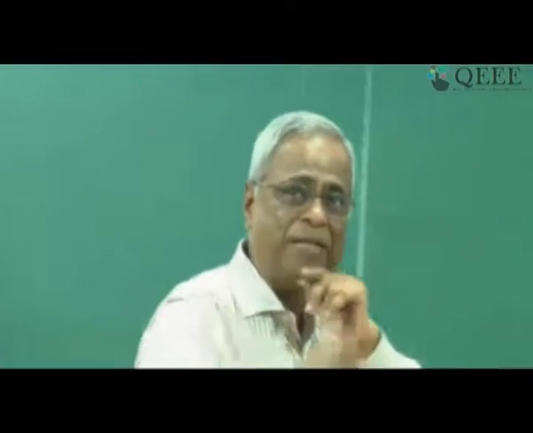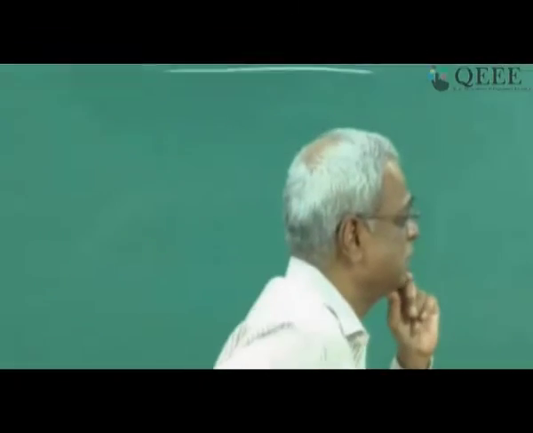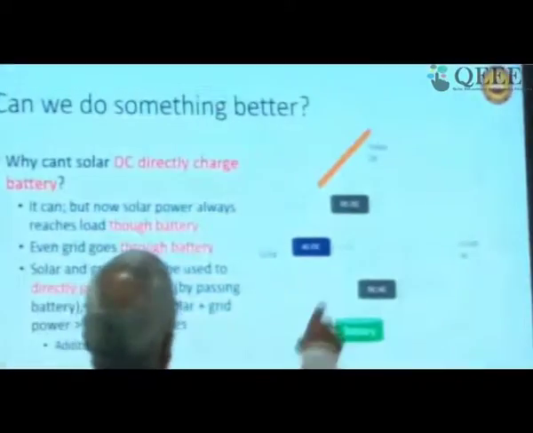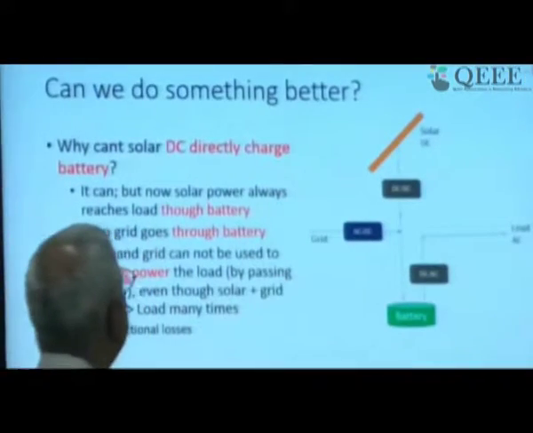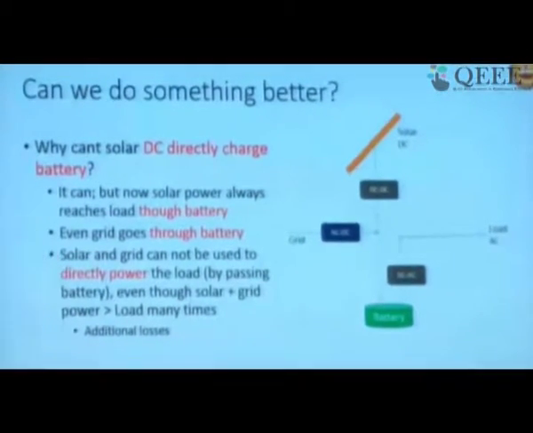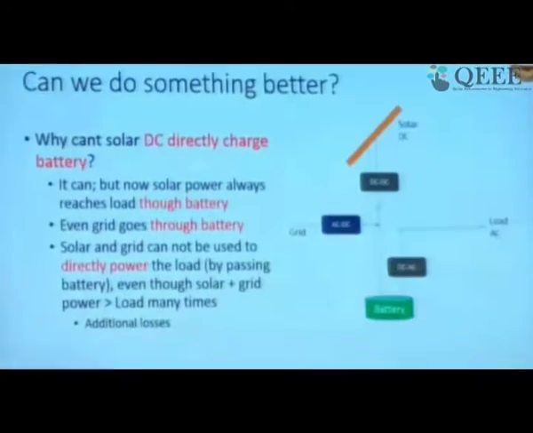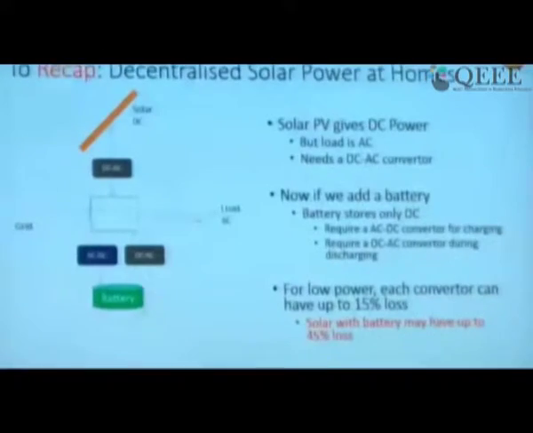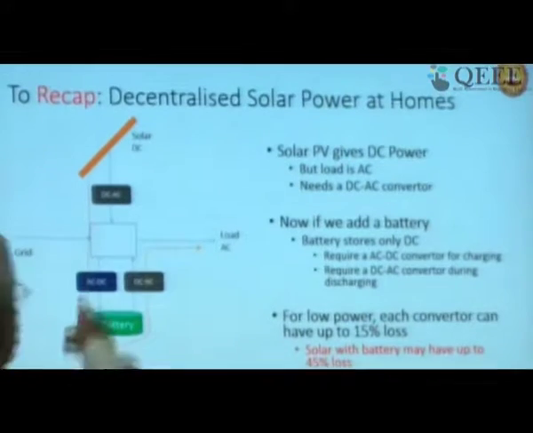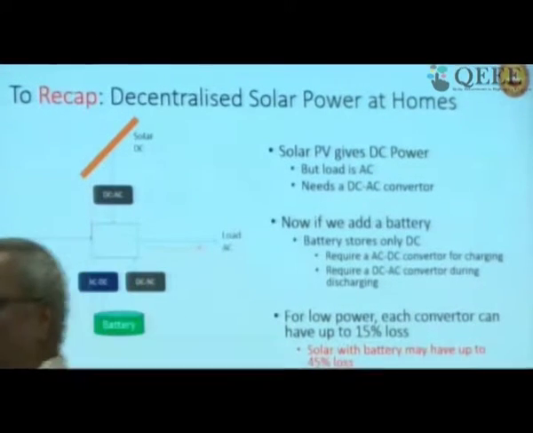So this is better, but what is the disadvantage? Now solar power always reaches through the battery. Why? Because solar power I am never converting to AC except when it comes out of the battery. Earlier I was converting directly from solar, so if you look at my previous case, it could have gone directly from here to here. That would have been a route.